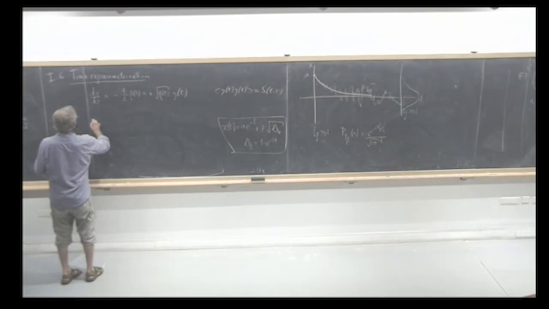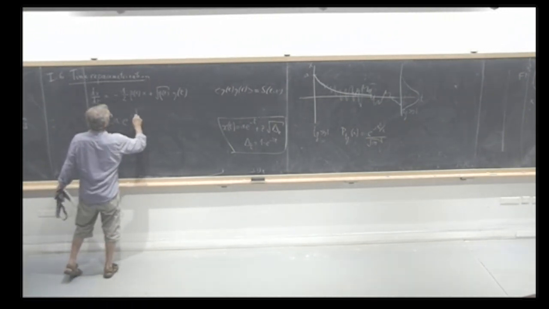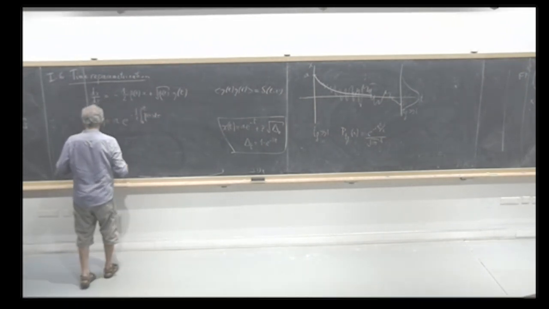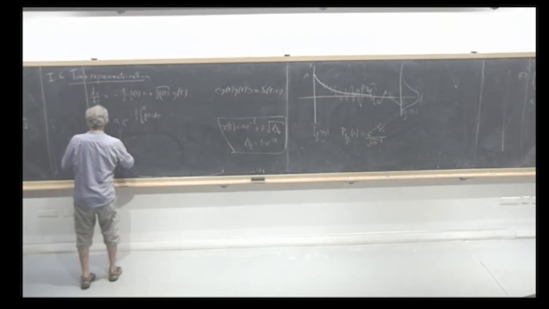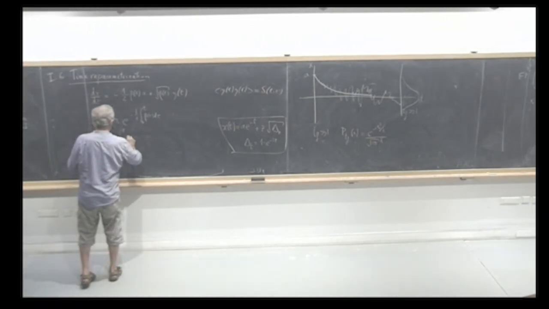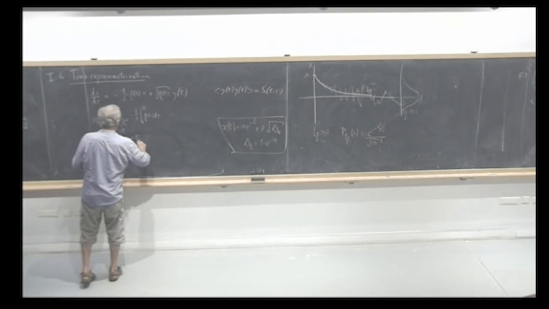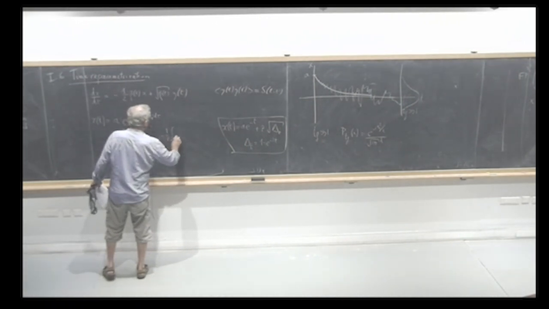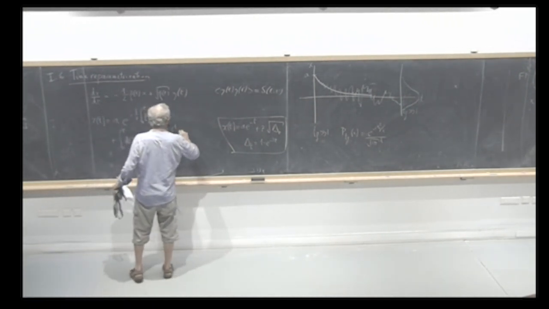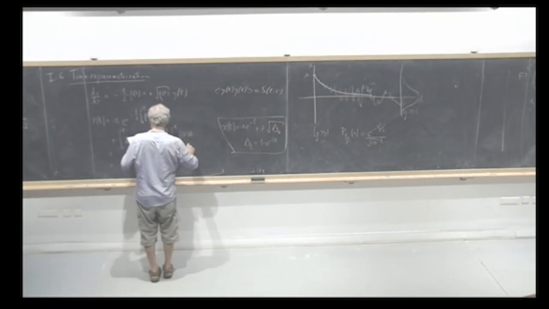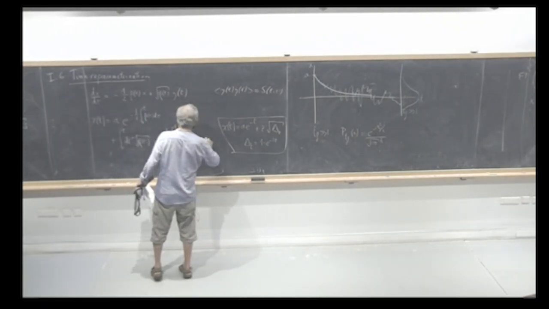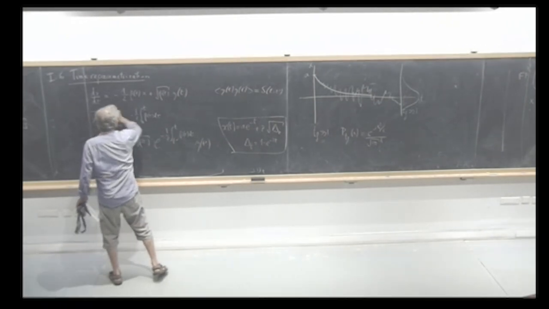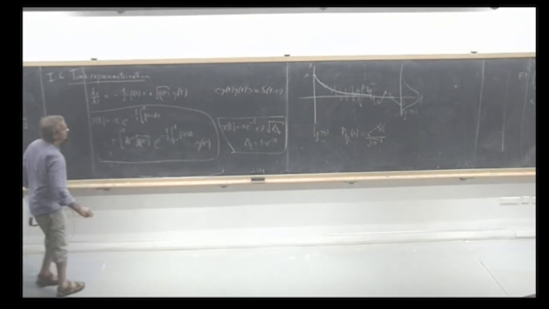You find that the general solution is x of t equal to a, the initial condition, times e to the minus 1/2 integral 0 to t beta of tau d tau, plus an integral 0 to t dt prime, square root of beta of t prime, e to the minus 1/2 integral t prime to t beta of tau d tau, times eta of t prime. So this is a general solution of my linear Langevin equation.